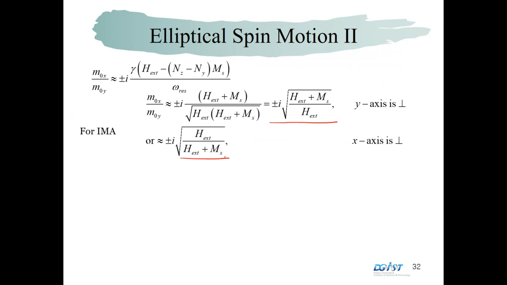So that solution corresponds to the y or x axis being perpendicular, because we assume the g-axis is the z-axis in these calculations. So the perpendicular direction can be x or y. Anyway, that means the same situation. So this is a ratio of the external field with the magnetic moment and the external field.